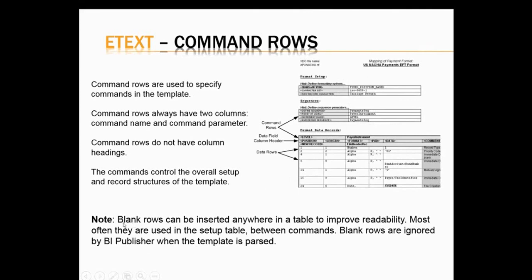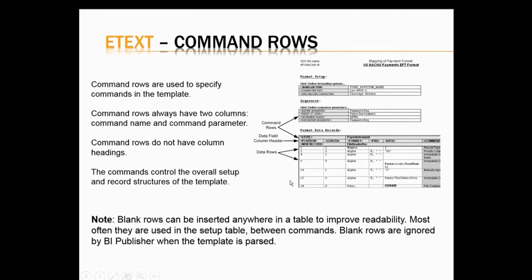We can insert blank rows anywhere in the table, just to improve readability. It doesn't mean that the blank row will be taken by the BI Publisher engine. You can also give headings like this, but it is just information. BI Publisher won't take all these things into account. It only takes the values based on the tag names that you give.